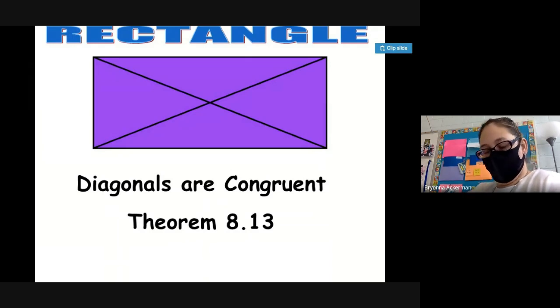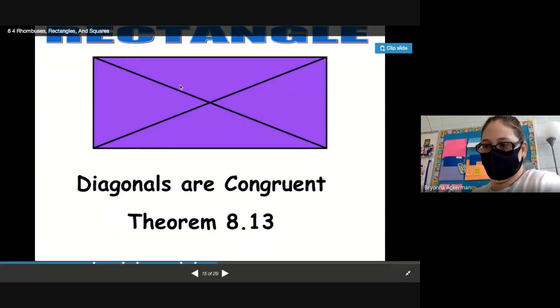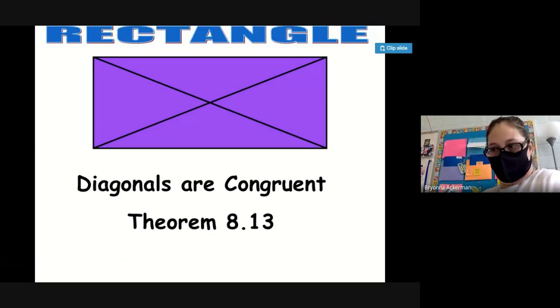So number 4 is optional right now. I don't like the wording it has on my tree diagram. You don't have to, but I would just write something like, knowing that the diagonals, each half is going to equal each other. That wasn't on the original tree diagram, but I don't like the number 4 it gives us. It just talks about right angles again, and I don't see a point of repeating it.